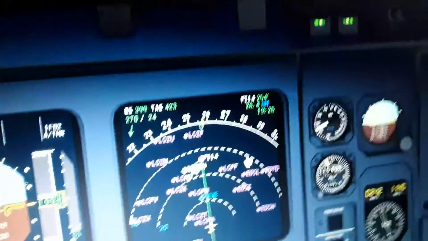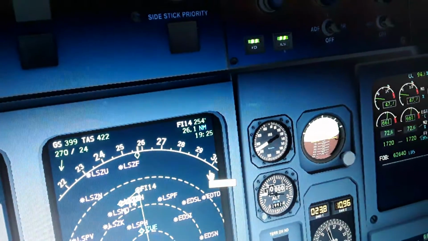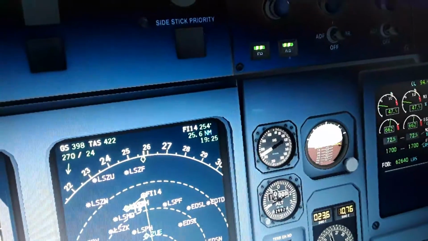We have 10 more minutes to go, so it's gonna be very fast. Now we're just 26 nautical miles away from the airport.